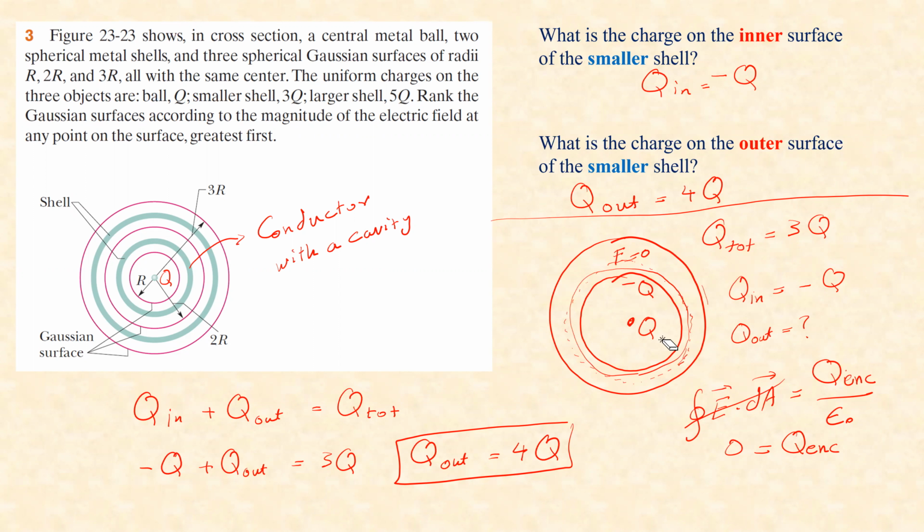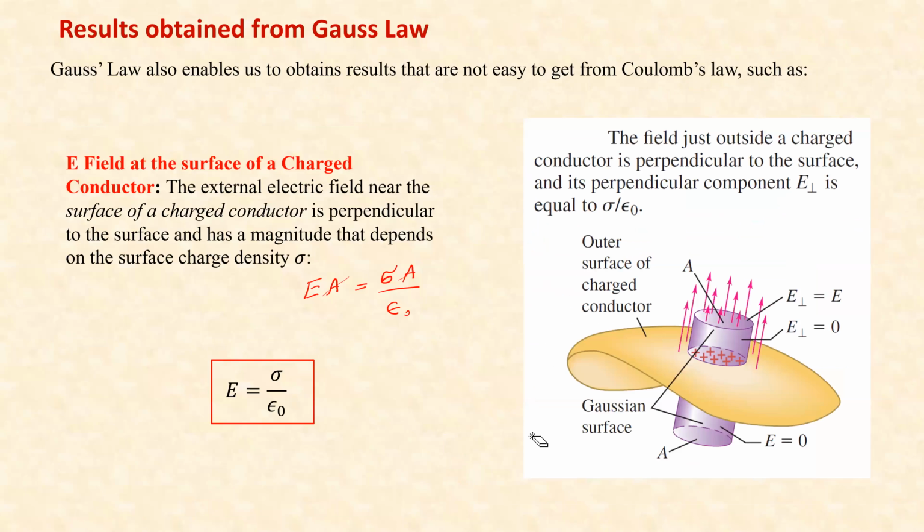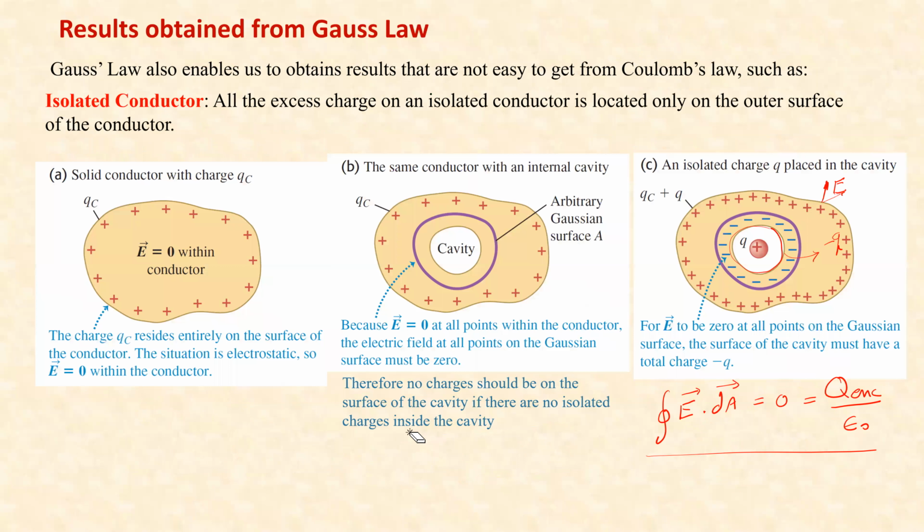All right, this is what we said. Remember what we said here. Why did we say there's a negative Q here? For E to be 0 at all points on this purple Gaussian surface, the surface of the cavity must have total charge negative Q, right?